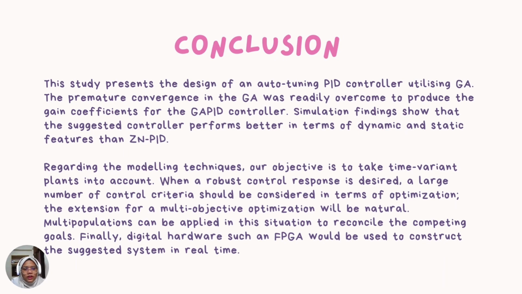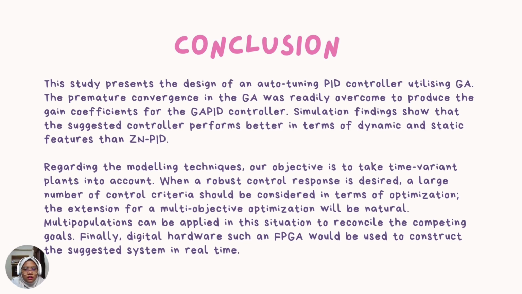As a conclusion, this study presents the design of an auto-tuning PID control utilizing GA. The parameter convergence in the GA was readily overcome to produce the gain coefficients for the GA PID controller.